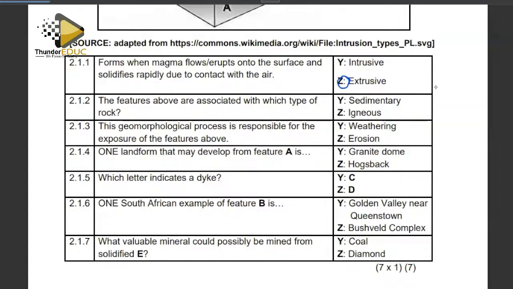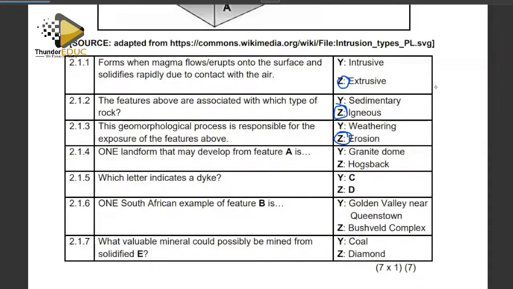Then the next question is talking about the features above, associated with which type of rock? Those are igneous rocks. Remember, igneous rocks are of volcanic origin. You cannot have sedimentary rocks forming those features. This geomorphological process is responsible for the exposure of the features above. The exposure is through erosion.